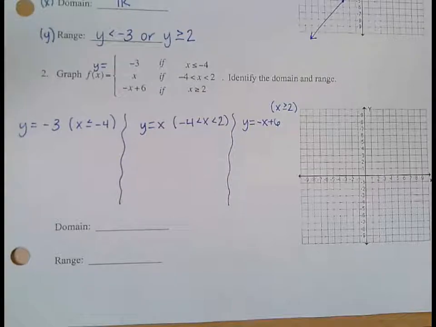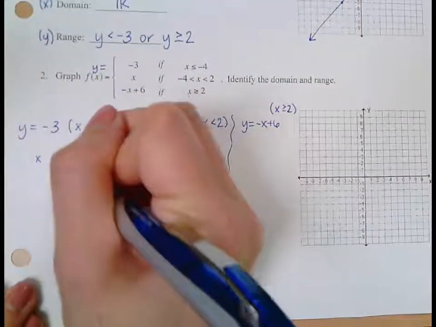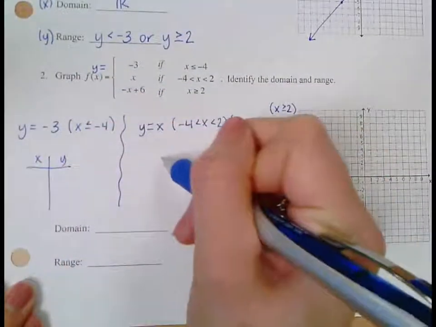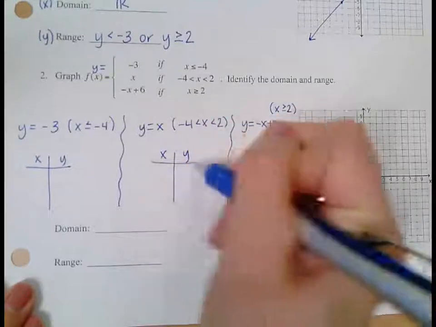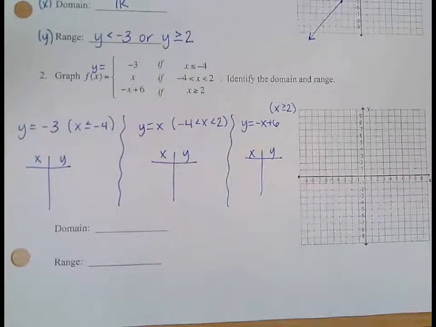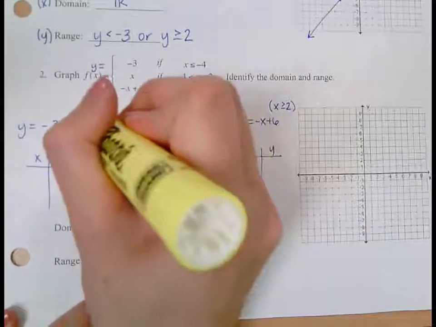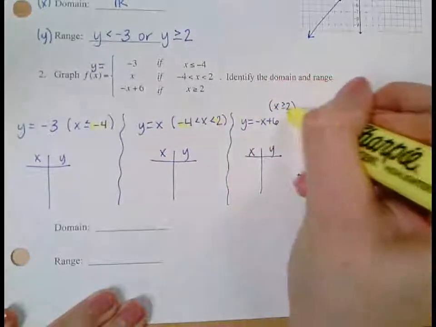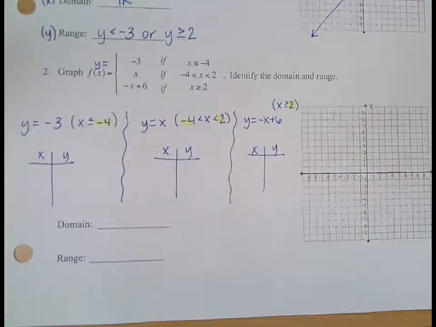So I'll make my tables here. I'm going to make a table for each of these. And again, I first look at the endpoints in the inequalities for those individual domains. And those are the first values that get substituted into my tables.